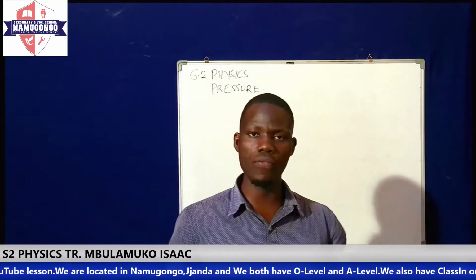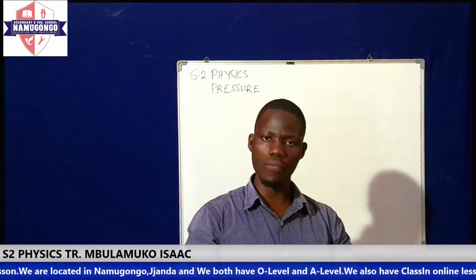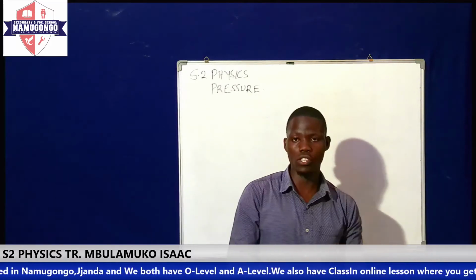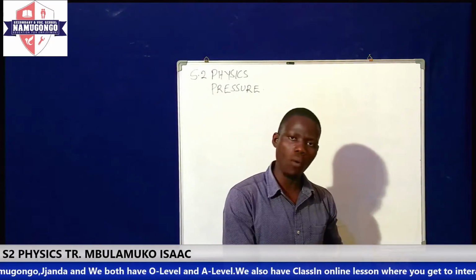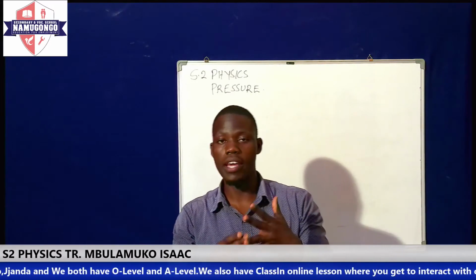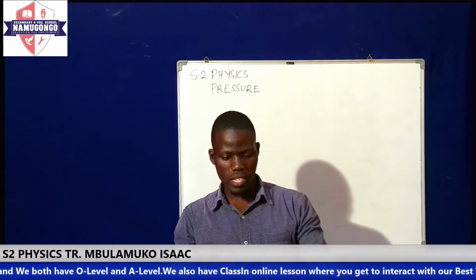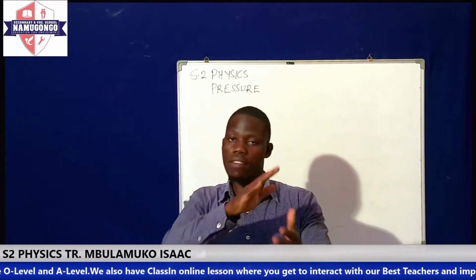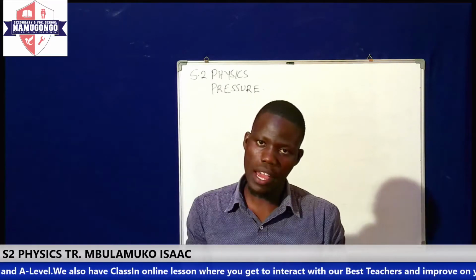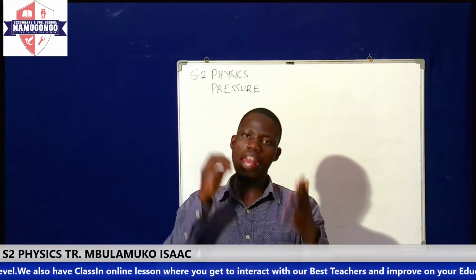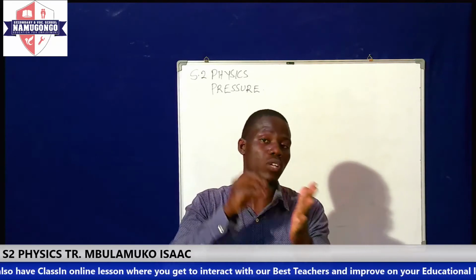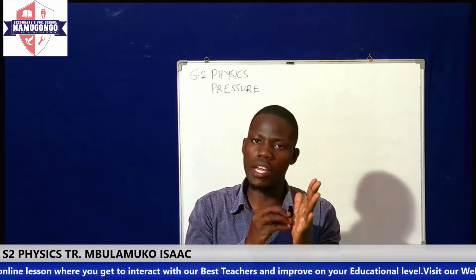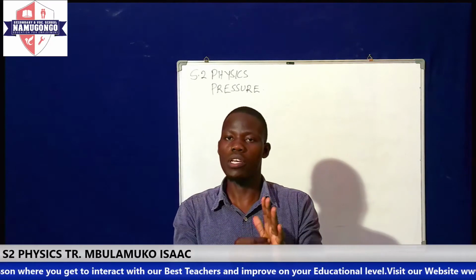So we have different items and different areas where we apply pressure. Now back to the definition. From our understanding of the hammer and the nail, we are saying the hammer exerts a force normally on a given area of the nail. That is pressure. And as well, the tip of the nail will exert a force on the surface where it is going to enter. That is what we are calling pressure.